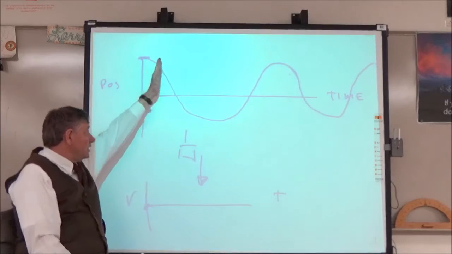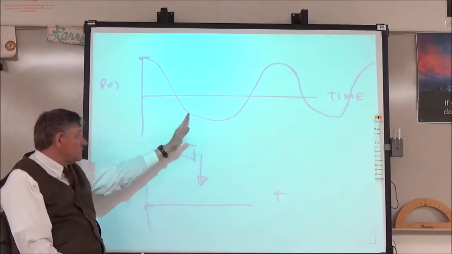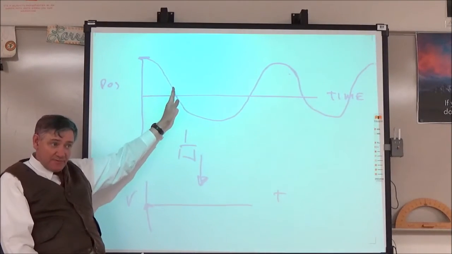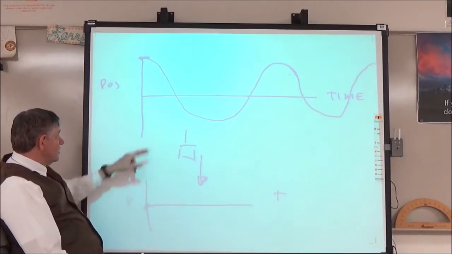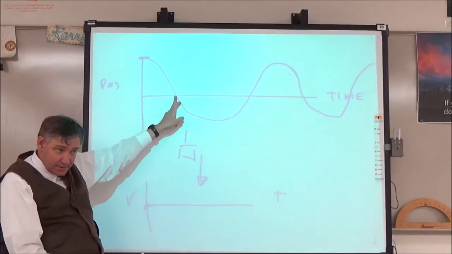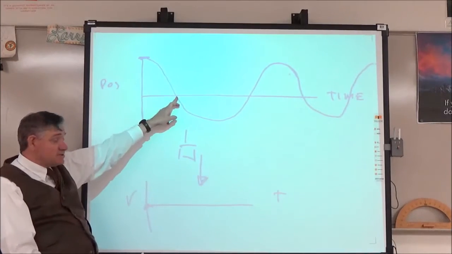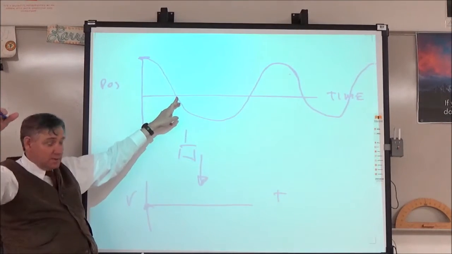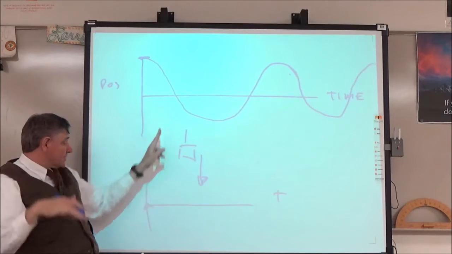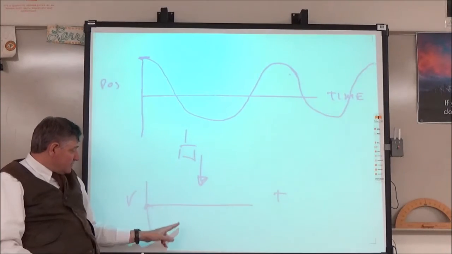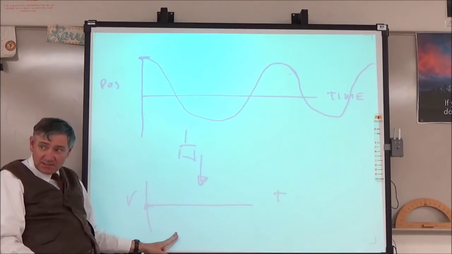So when it crosses through the midpoint here, this is when you're going to have your maximum velocity. At this point, that position is crossing the equilibrium point. That's that middle ring. That's when you should have your biggest negative velocity down here.